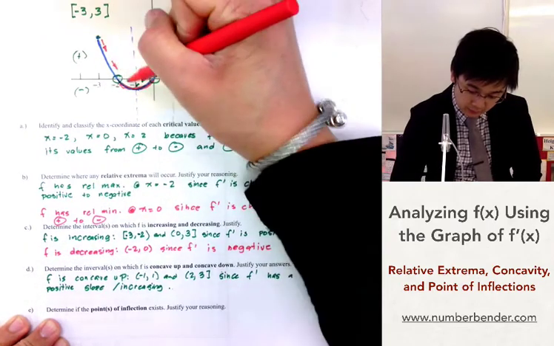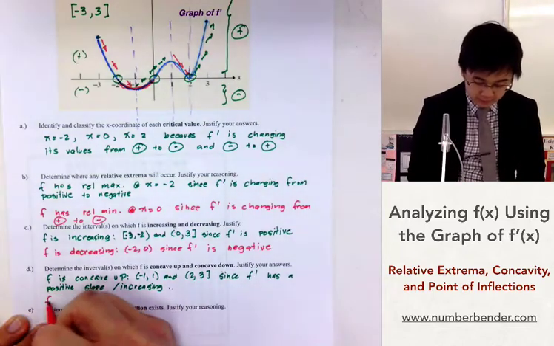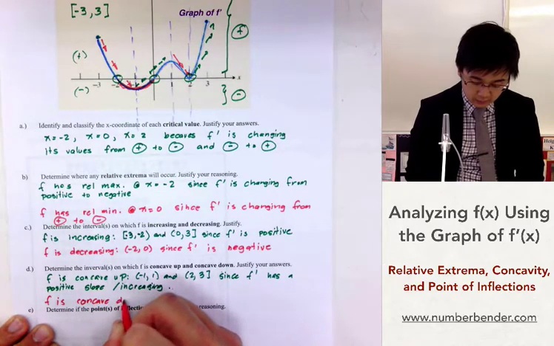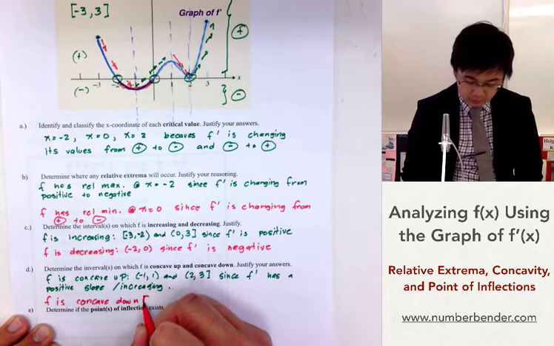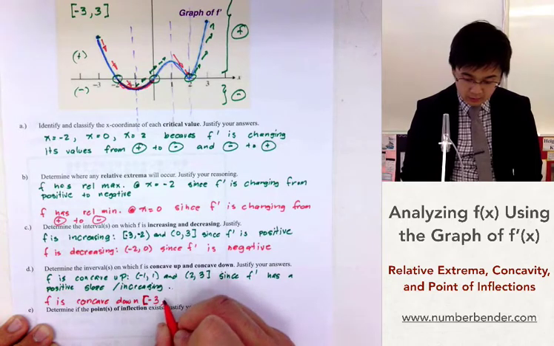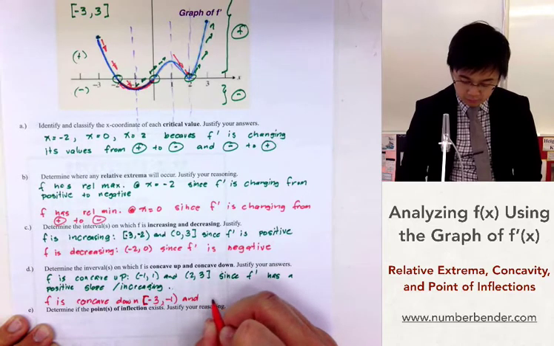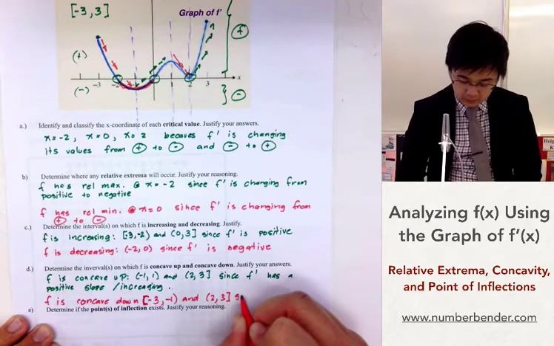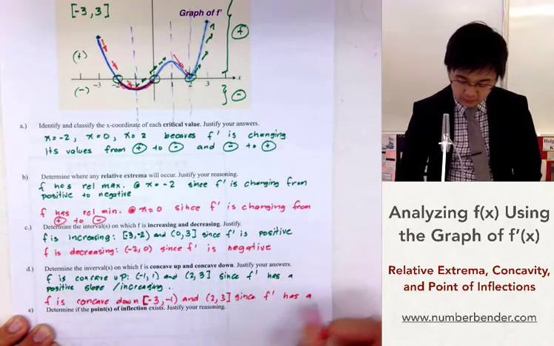So concave down will be right here. So f is concave down between the bracket -3, comma -1 and 2 and +3, since f prime has a positive slope.